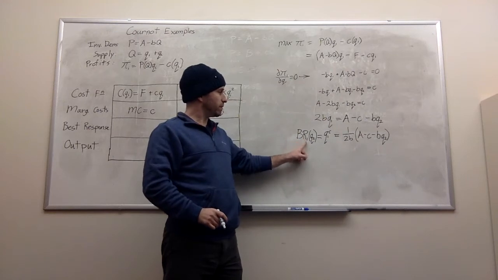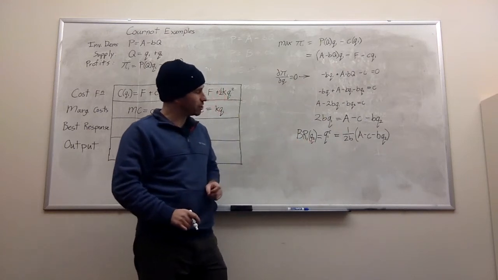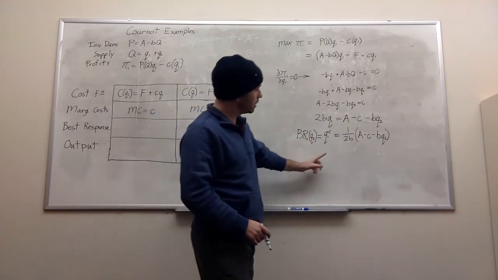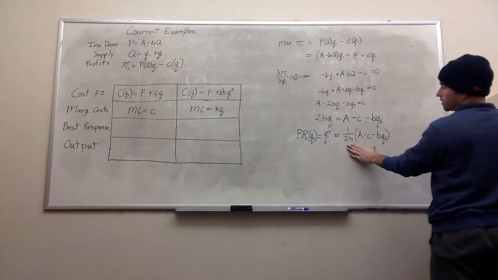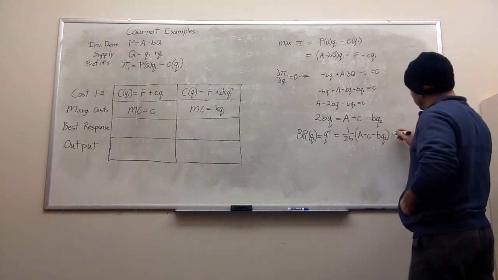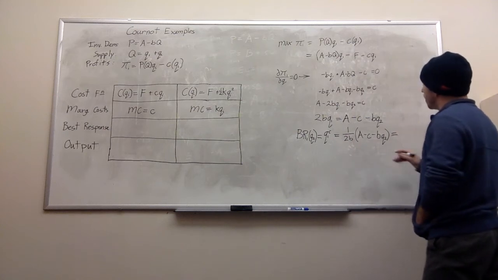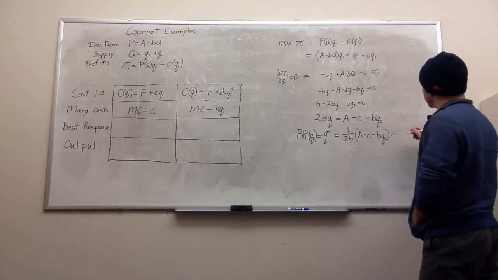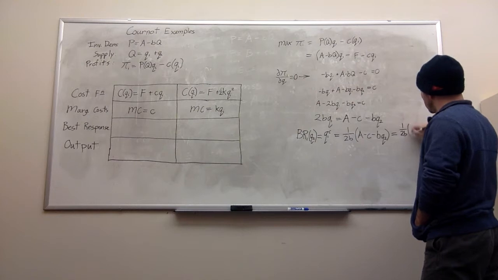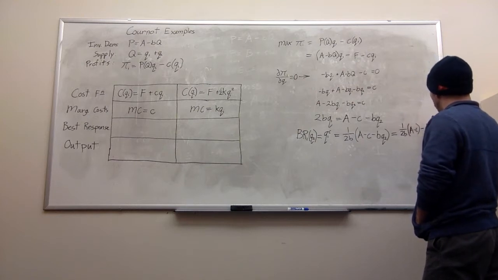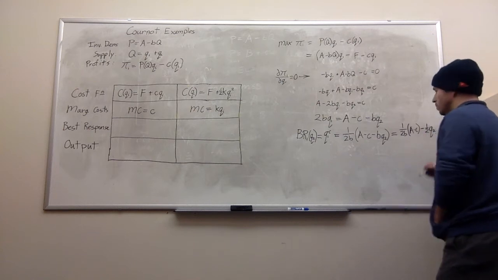Best response for firm 1 to the actions of firm 2 is going to be to choose their own q1 according to this function here, which we could further simplify, right? Since we have a b here, you might consider this a more simplified version, to say 1 over 2b times a minus c minus 1/2 q2.